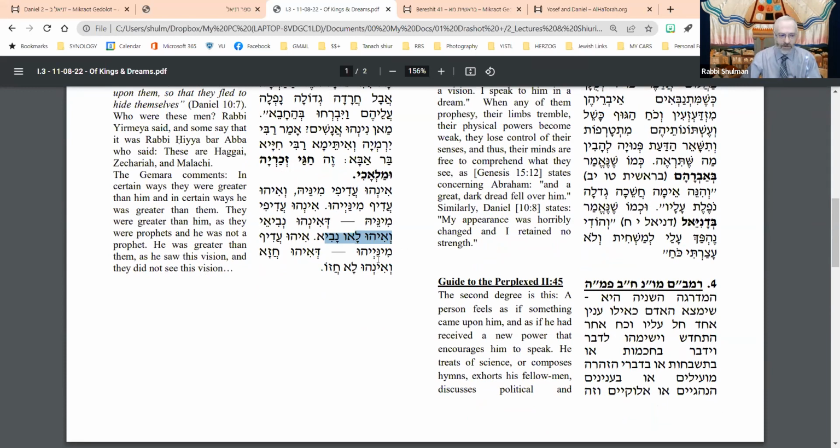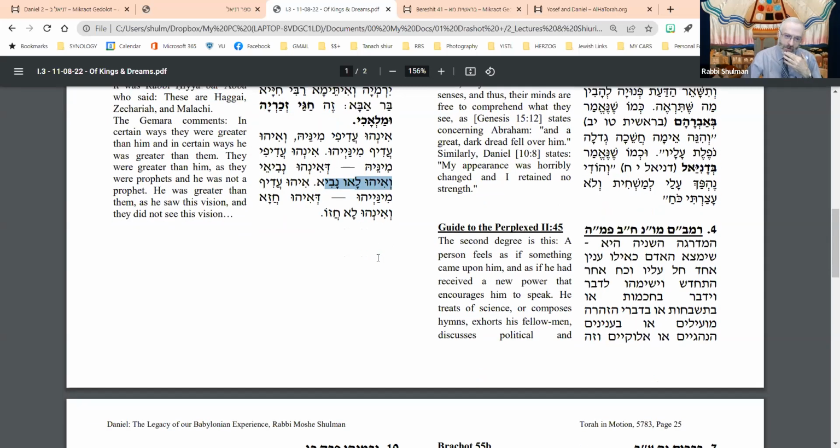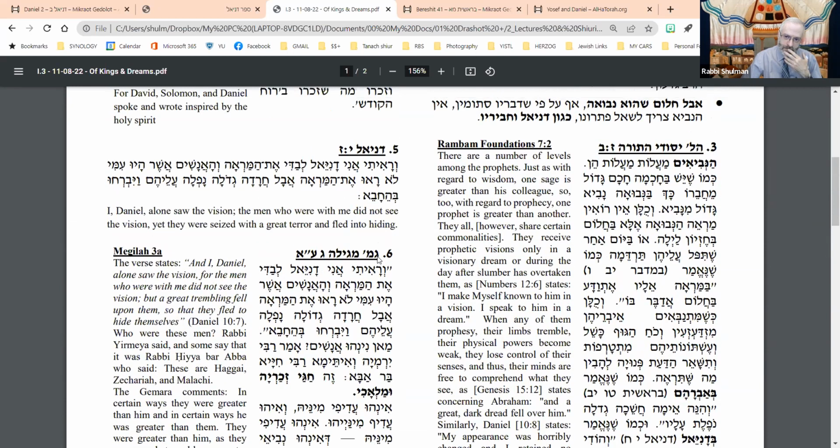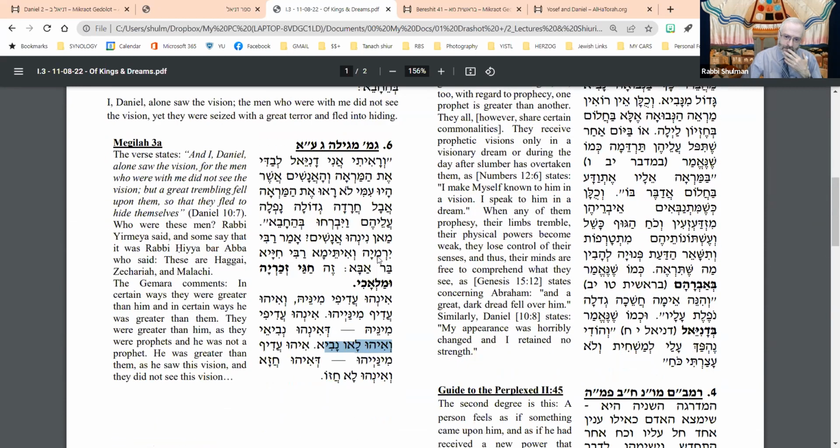Why is that significant for us? Isn't that what Rambam says, that a Talmid Chacham can be greater than a Navi? So there's a third element, which is the Talmid Chacham, who is neither a Navi nor somebody who speaks with Ruach HaKodesh.